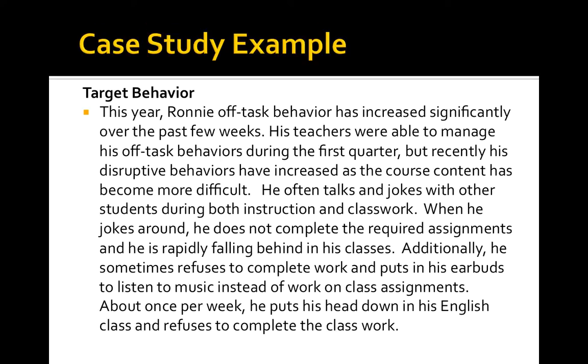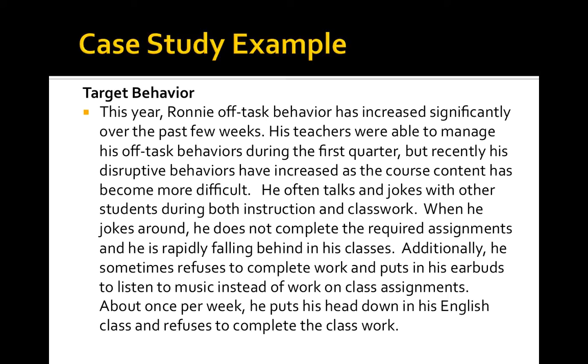So let's look at this target behavior and the information we have here again. So we know that Ronnie talks and jokes with classmates during class instead of completing assignments. We also know that he typically doesn't complete his class assignments, and he sometimes puts in his earbuds to listen to music, or he puts his head down.